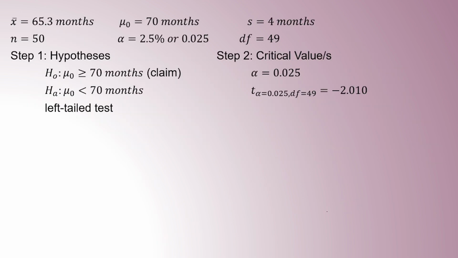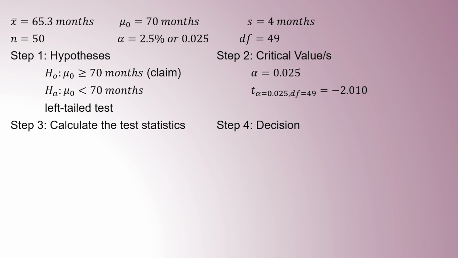So let's continue here. Again, we have the following information. Now we are ready to compute for the test statistic. So again, t is equal to the sample mean minus the hypothesized population mean over s divided by square root of n. So our x bar is 65.3 minus the hypothesized mean, 70, over 4 divided by square root of 50.